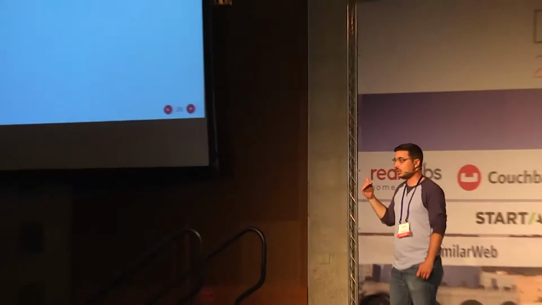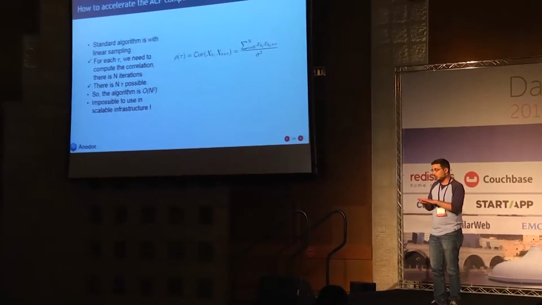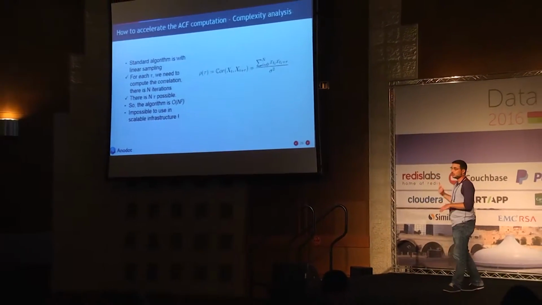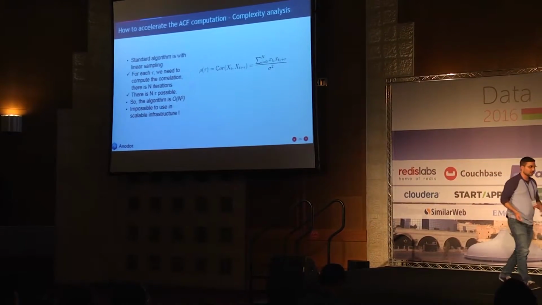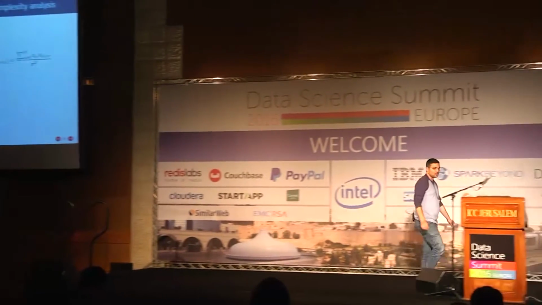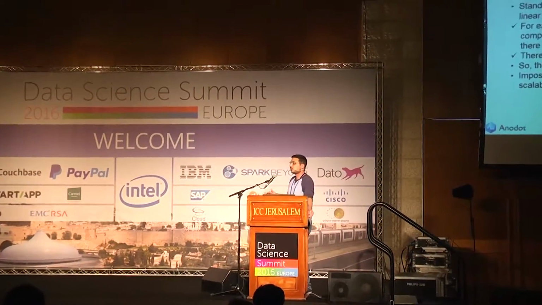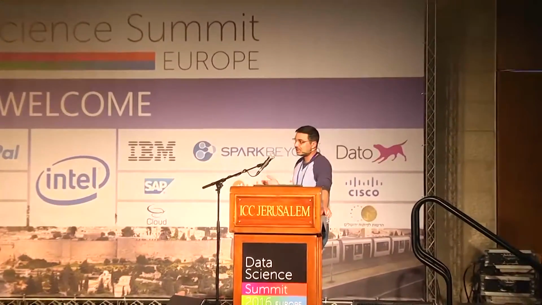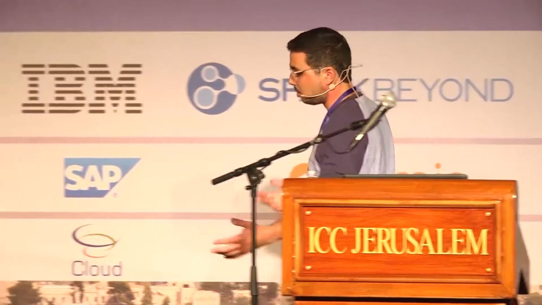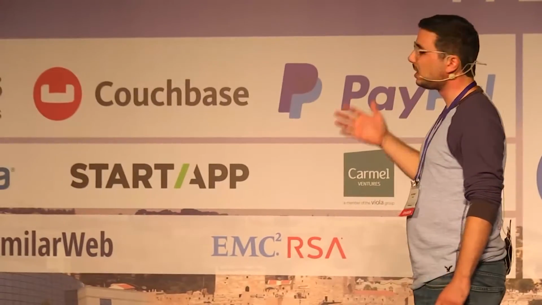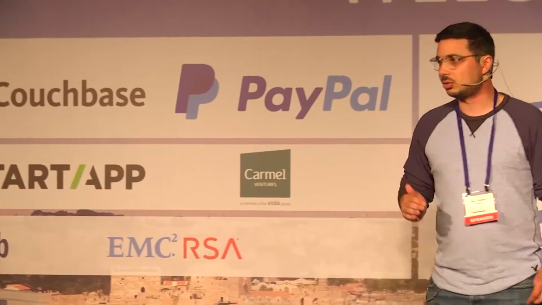And since there are n possible shifts, the algorithm is n squared. And this complexity is almost impossible at big scale. In fact, in our system, we have more than 10 million metrics. So clearly, an n squared algorithm is impossible to run. Clearly.